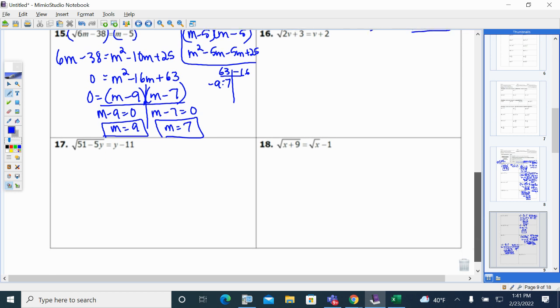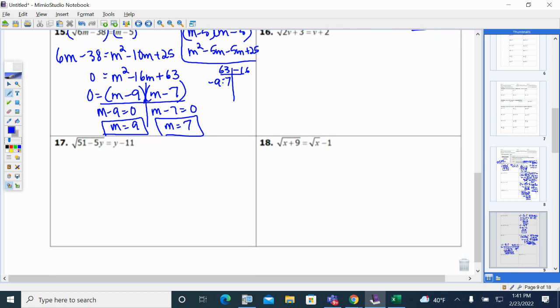I want to look at number 17. Number 17 is going to make us mad by the time we're done. So number 17, it's just like number 15. I'm going to start it out by squaring both sides.